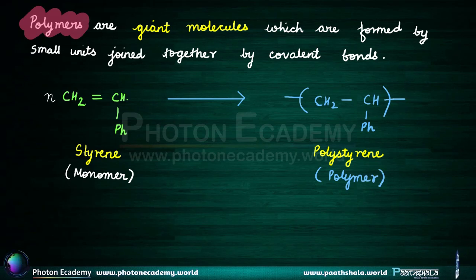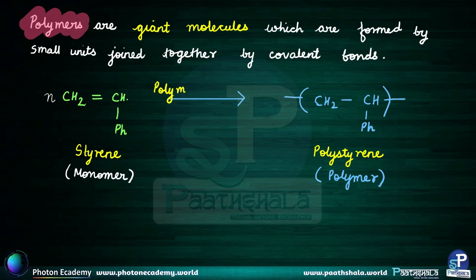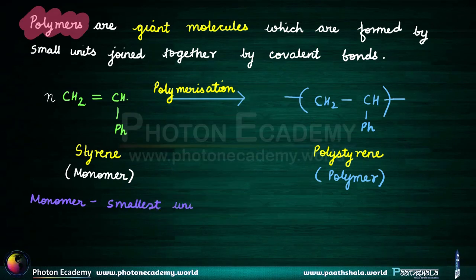When we are converting a monomer to a polymer, the process the monomer undergoes is called polymerization. Monomer is the smallest unit which repeats. We can easily say that the smallest unit which is repeating itself is known as our monomer.